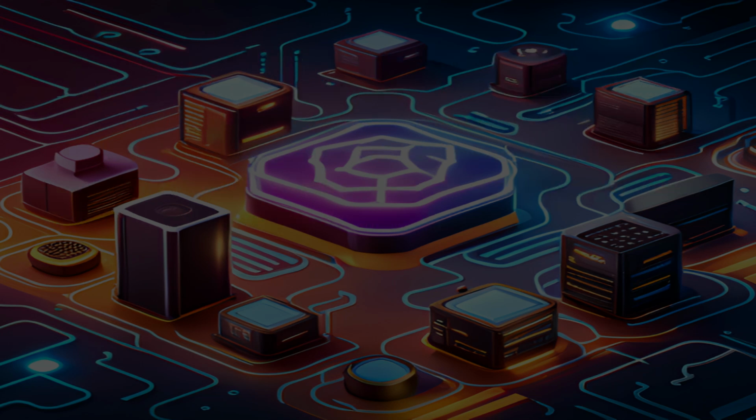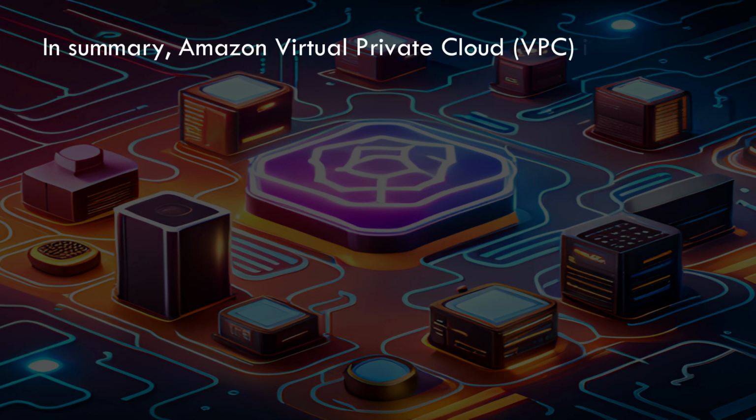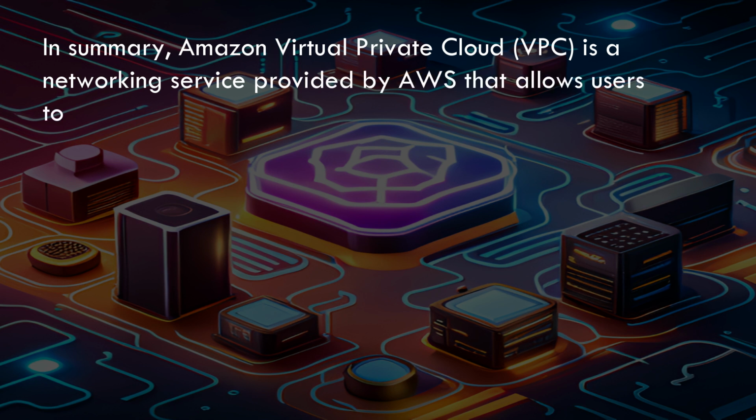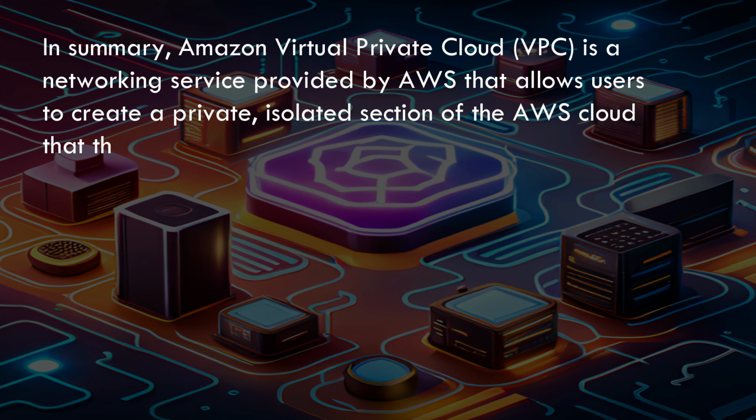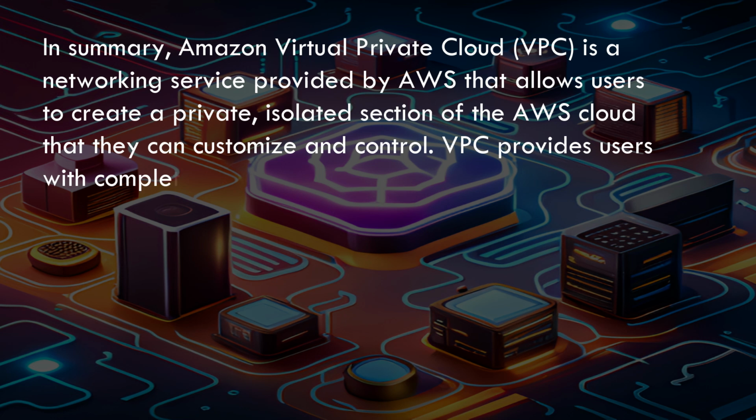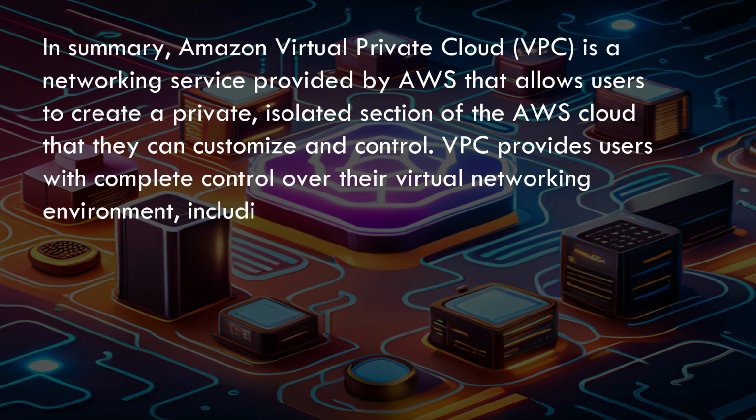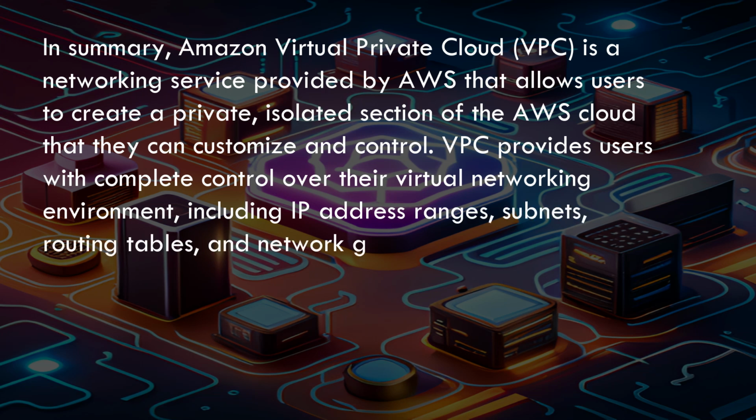In summary, Amazon Virtual Private Cloud, VPC, is a networking service provided by AWS that allows users to create a private, isolated section of the AWS cloud that they can customize and control. VPC provides users with complete control over their virtual networking environment, including IP address ranges, subnets, routing tables, and network gateways.